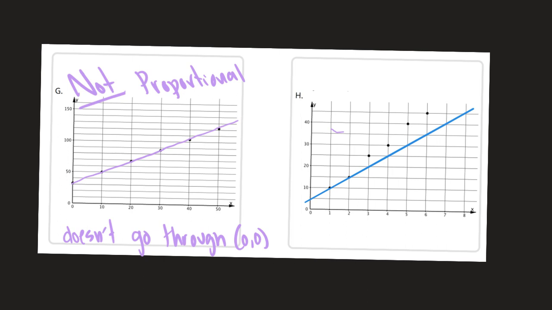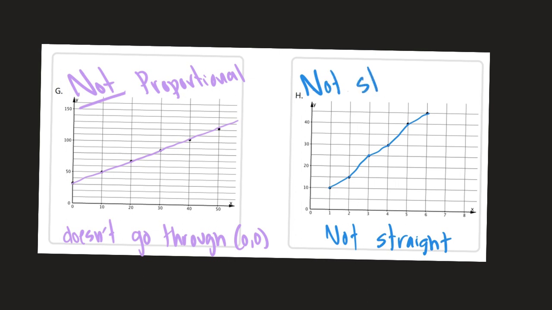This is not going to work. So if I do this, I connect those, then up, those, and then up higher. So that's not quite a straight line. So it's not straight. And I don't know what point it's going through, but it doesn't matter. Both of the things have to be true. It's not straight, so it's not proportional.